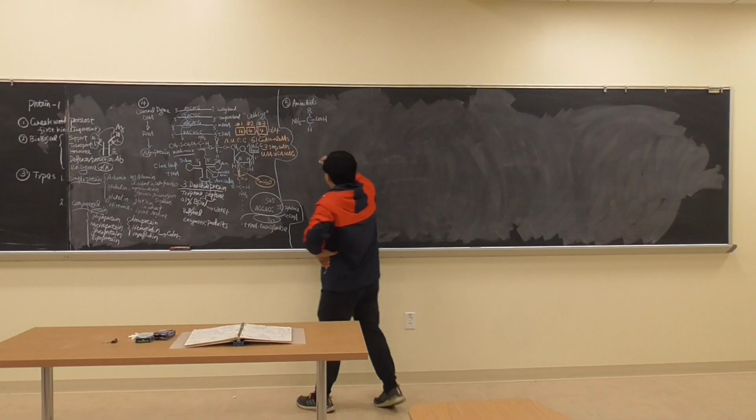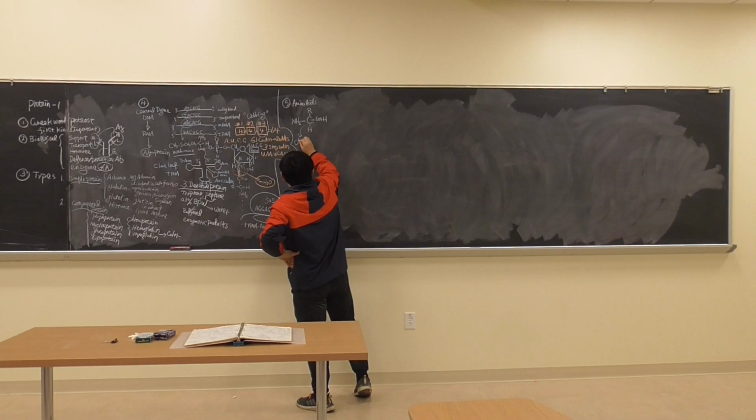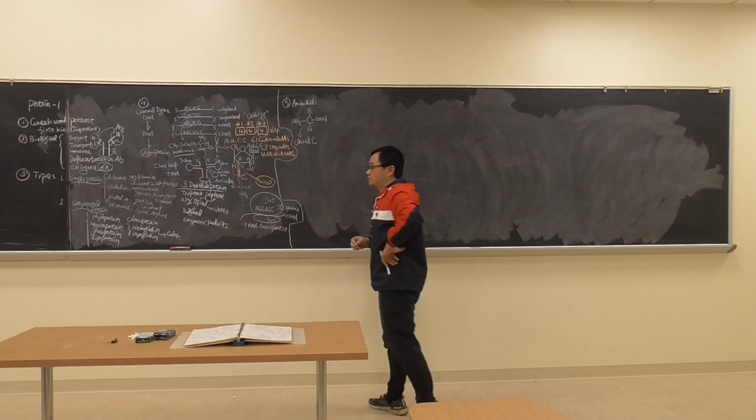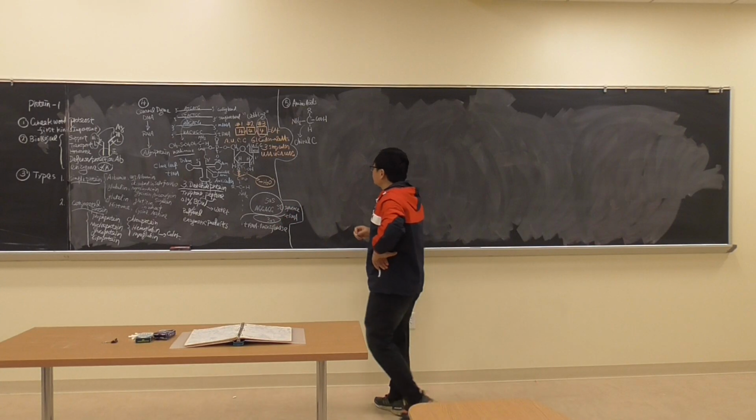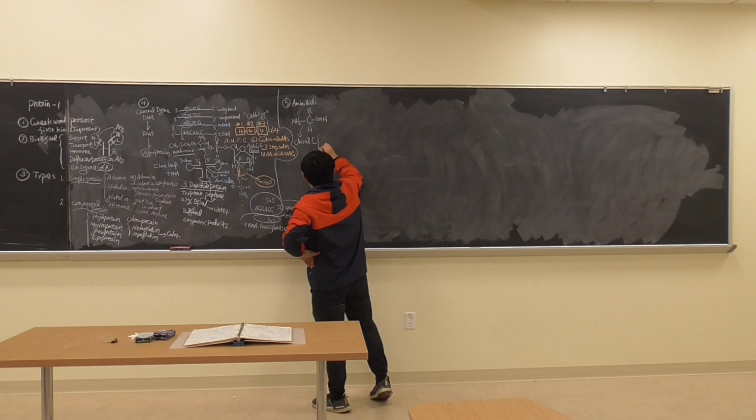This C we call a chiral C, in the middle center. Because of the chiral C, we have L amino acids and D amino acids.